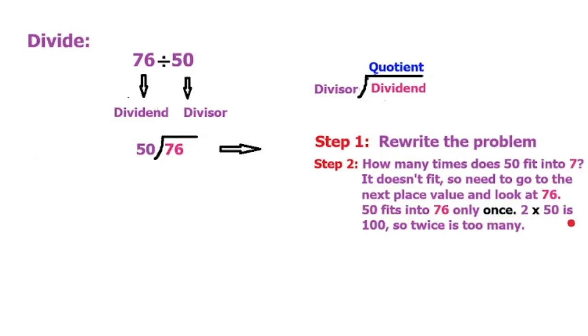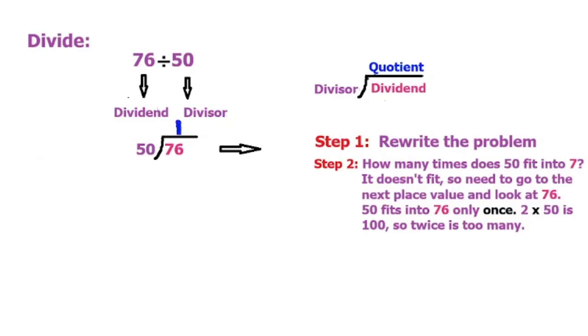We know that 2 times 50 is 100, so twice is too many. So we know that 50 fits into 76 once. So let's put that in. Okay, so 50 fits into 76 once.